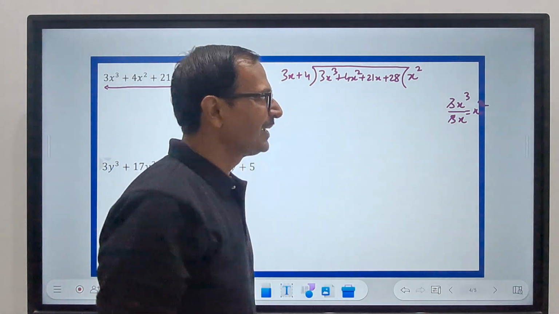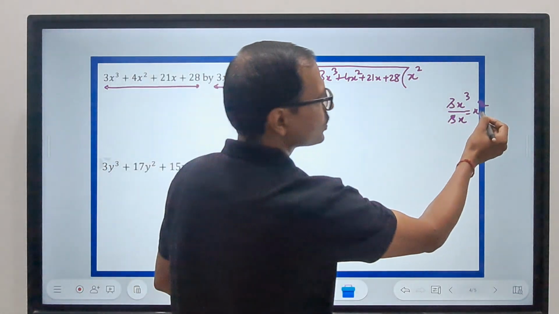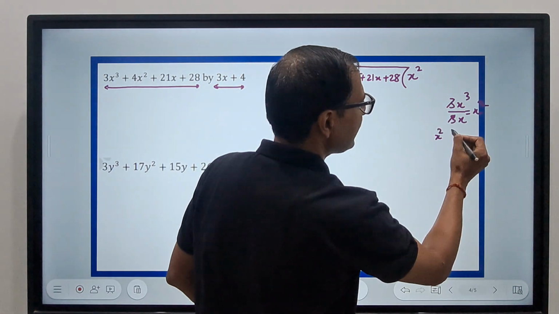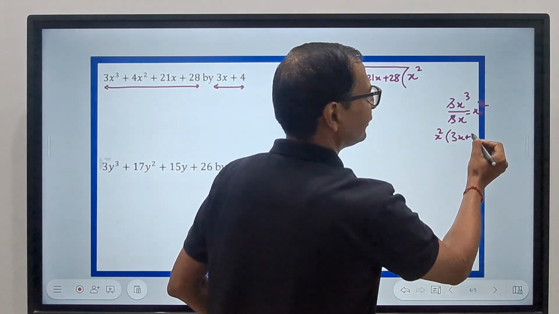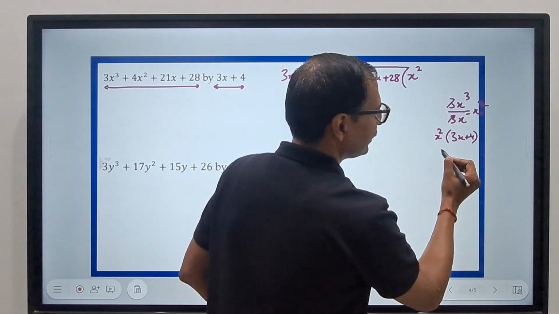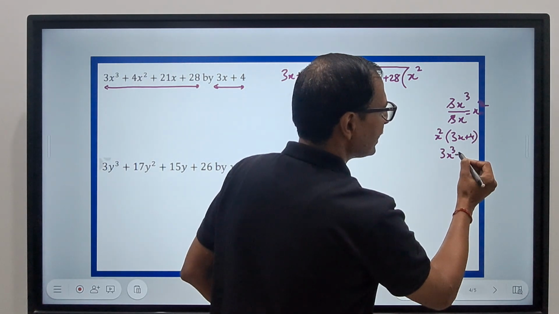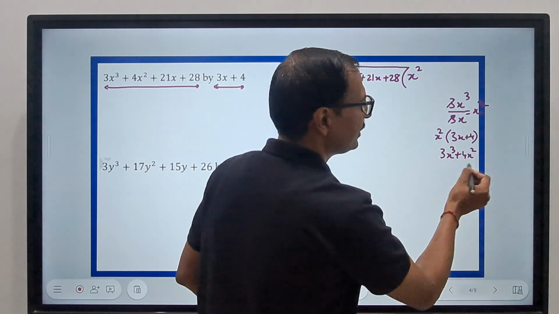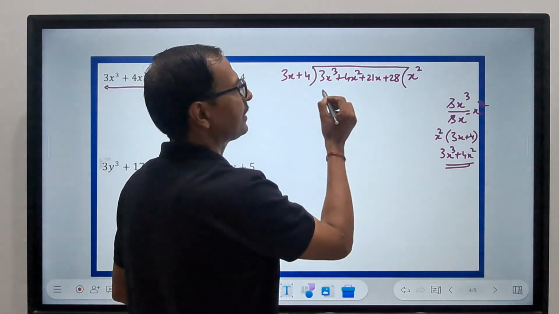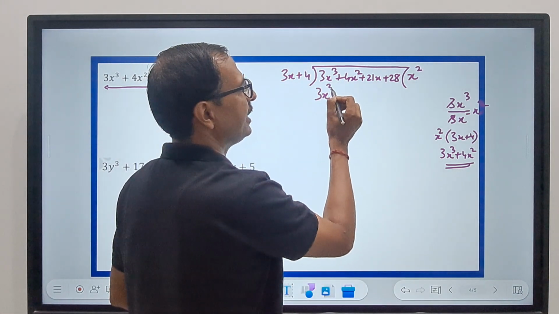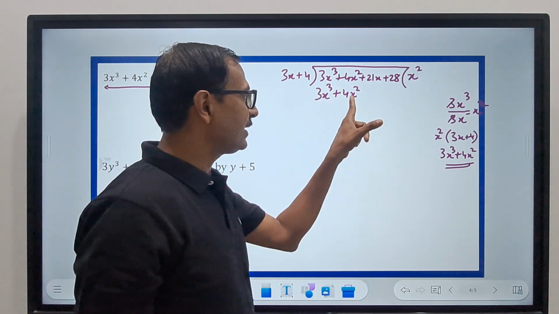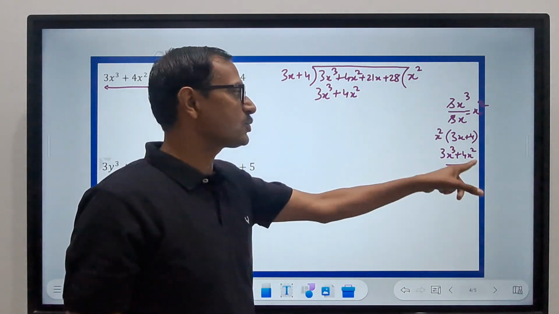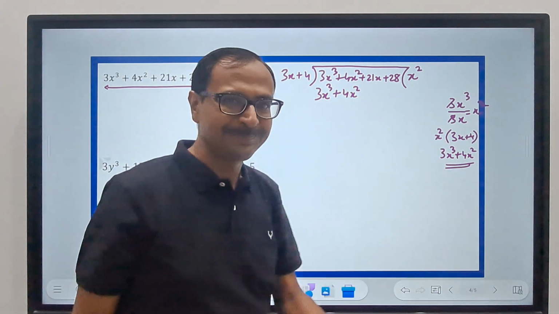Understood that? Now this x square is to be multiplied by the divisor 3x plus 4. So what do I get here? This is 3x cube plus 4x square. This I will write under the dividend, and mind you, you have to write the like terms below the like terms, x cube below x cube and x square below x square.